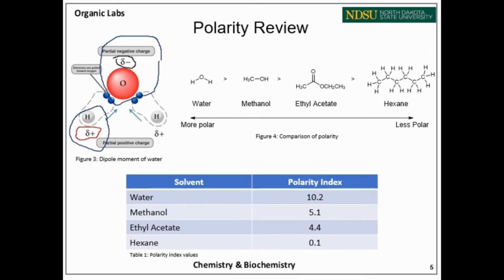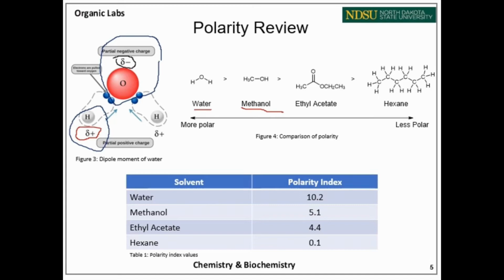Another way to think about it is that polarity is more of a spectrum. Let's take water and methanol, for example. They're both polar molecules, except water is more polar than methanol. That's because water has more localized electrons in a single area versus methanol, which is more evenly distributed.